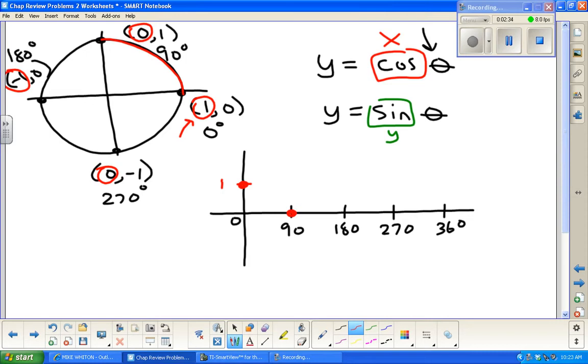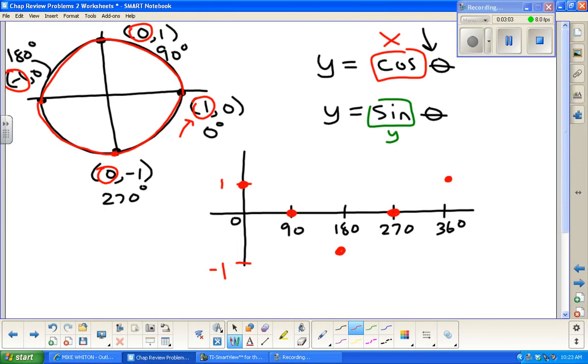As you continue around, the x values are still getting smaller, going to negative 1 by the time you get out to 180. Then we keep going past 180 degrees, and now the x values are getting a little bit bigger. They're coming back and back, and they finally get back to 0 at 270. And do the full circle, and they will come all the way back to where we started, up at 1.